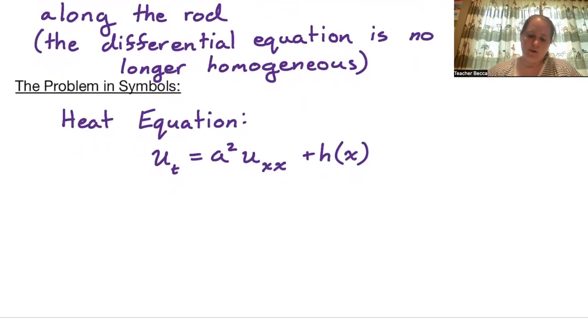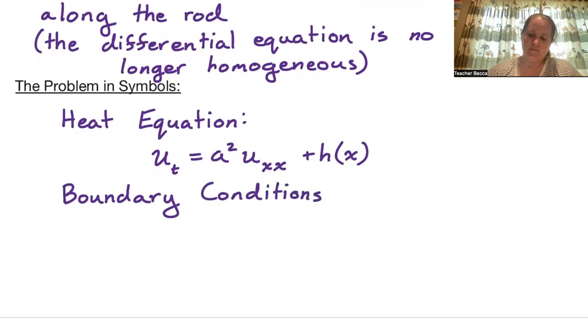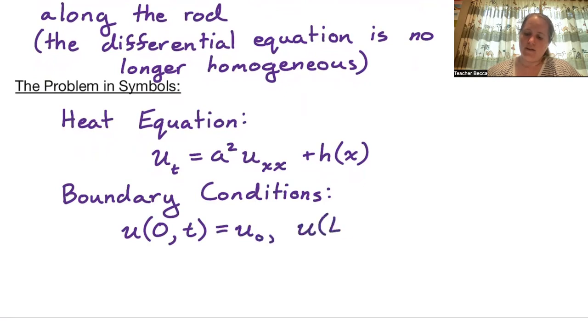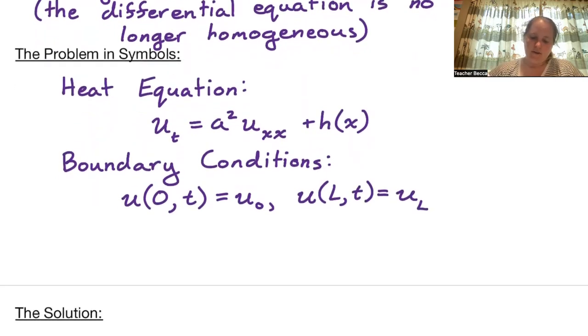Then we have our boundary conditions: u of 0,t is equal to u naught, and u of L,t is equal to u sub L. Again, we have initial conditions.